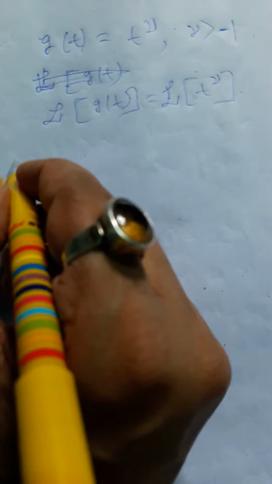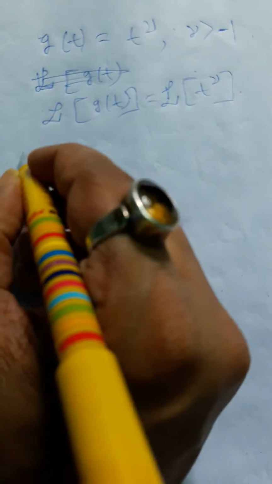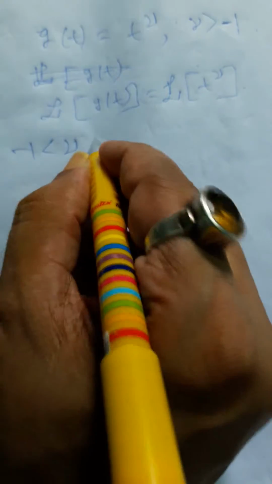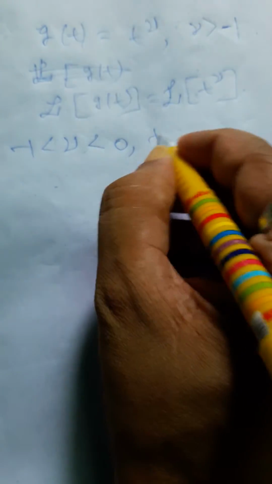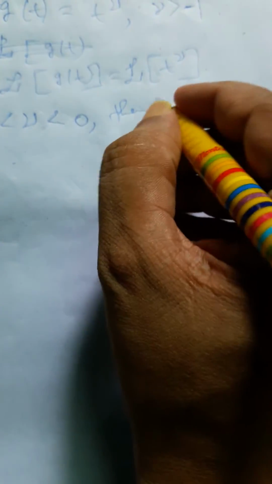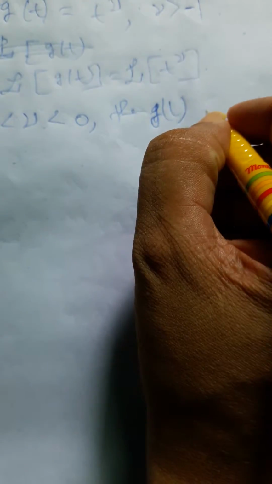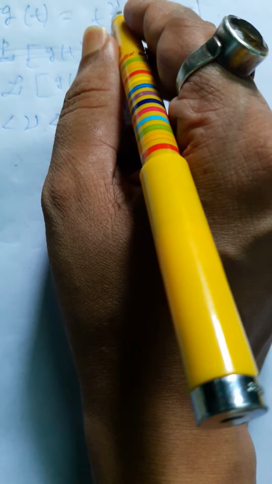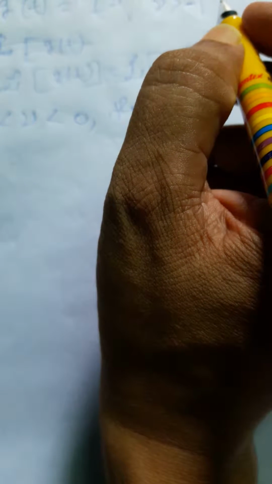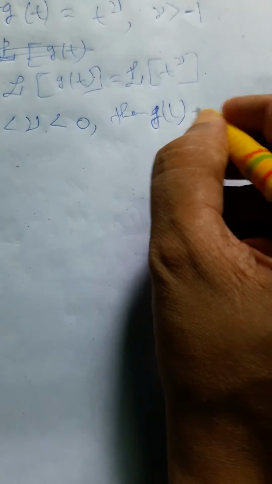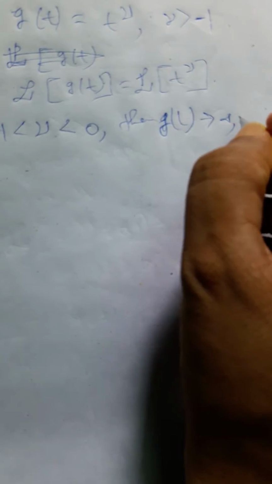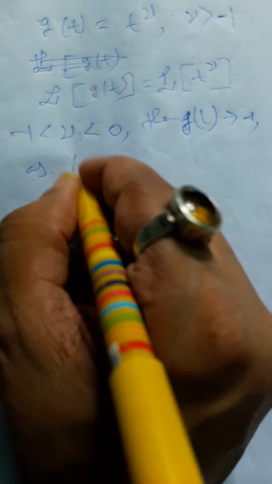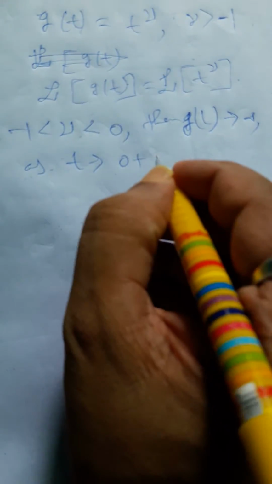At first it's clear that gamma is greater than -1. So for -1 less than gamma less than 0, g(t) is like 1 by t to a positive power, which means g(t) tends to infinity as t tends to 0.